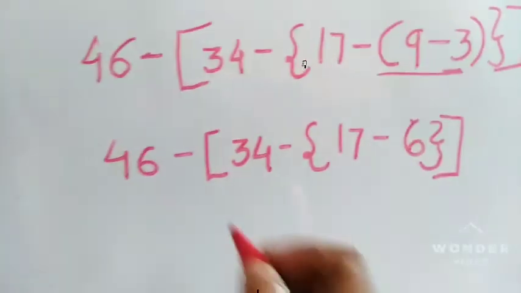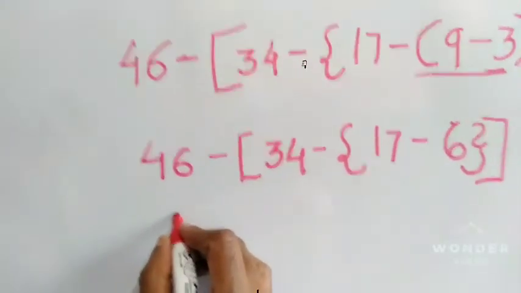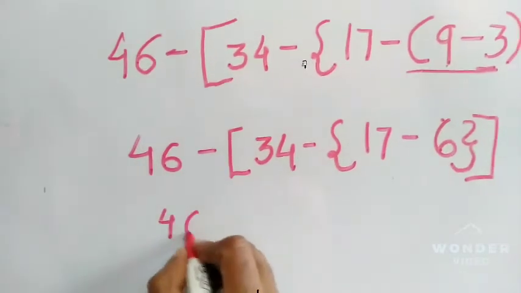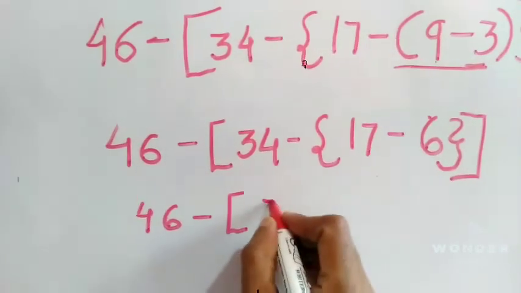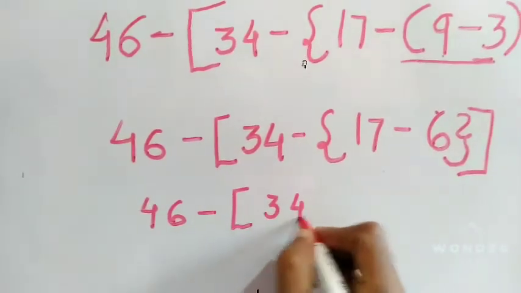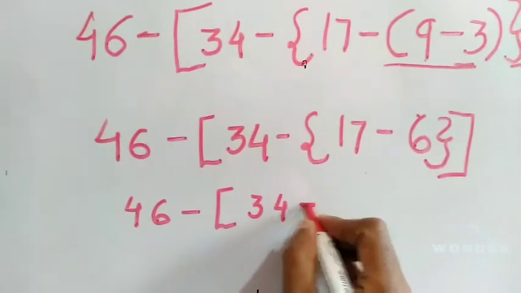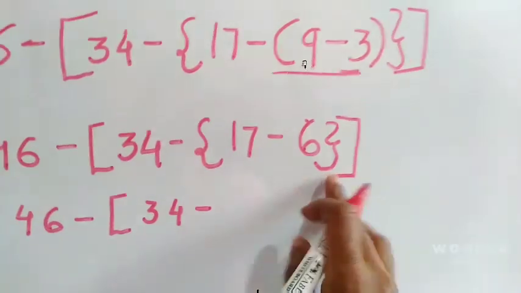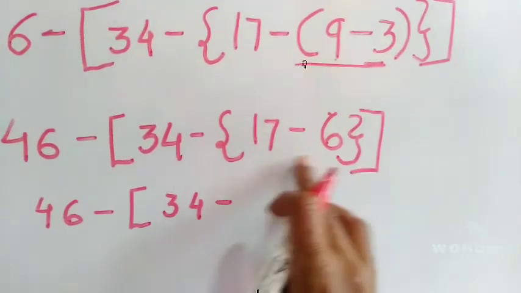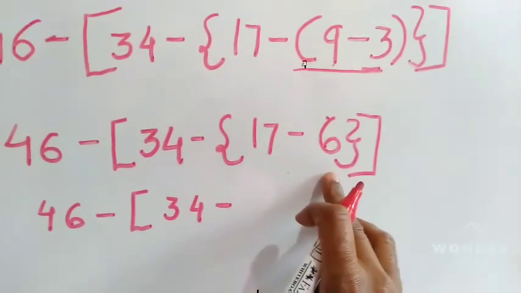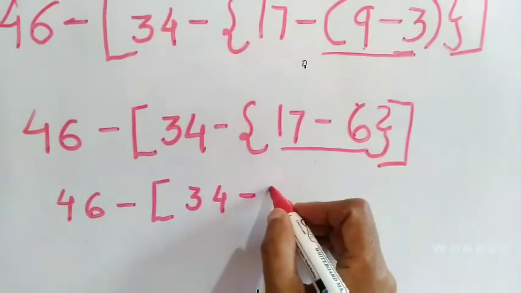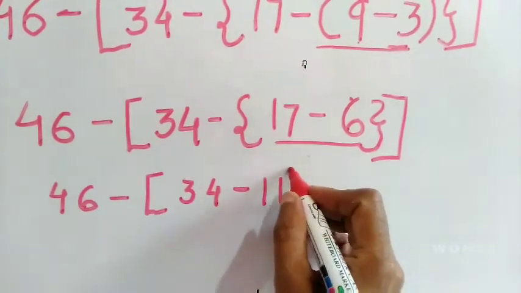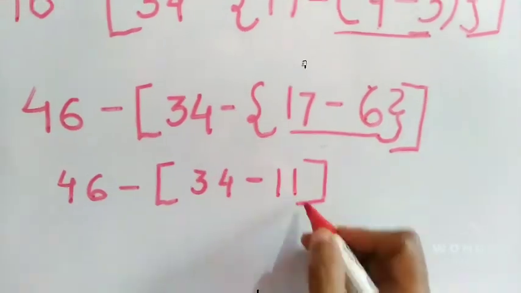The rest of the numbers will be written as they are. 46 minus, the square bracket will be as it is, 34 minus. Now we will solve this because only this much portion is left. 17 minus 6, what will it give? It will give 11, and the square bracket closed.